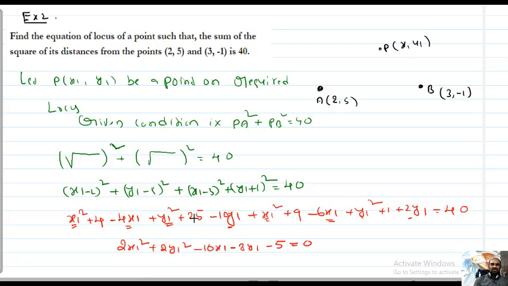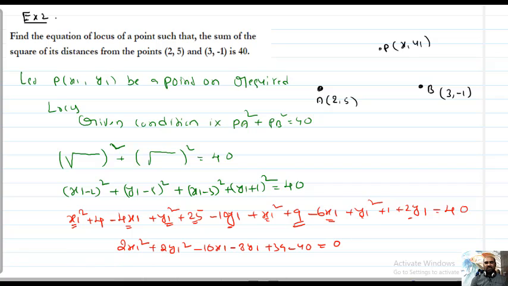I want to cross check. 9 plus 1 is 10, 10 plus 25 is 35, 35 plus 4 is 39, and 39 minus 40 is minus 1.